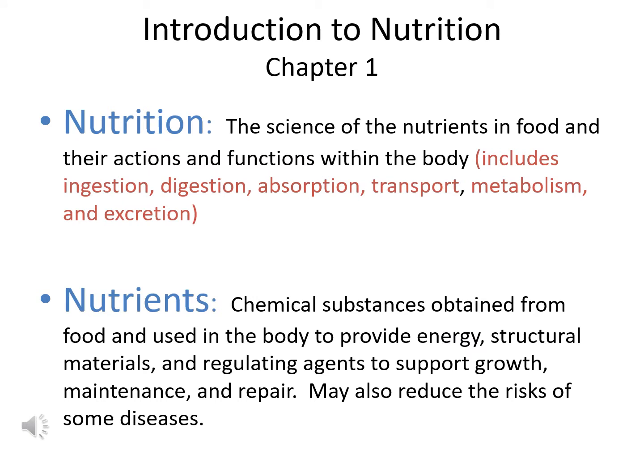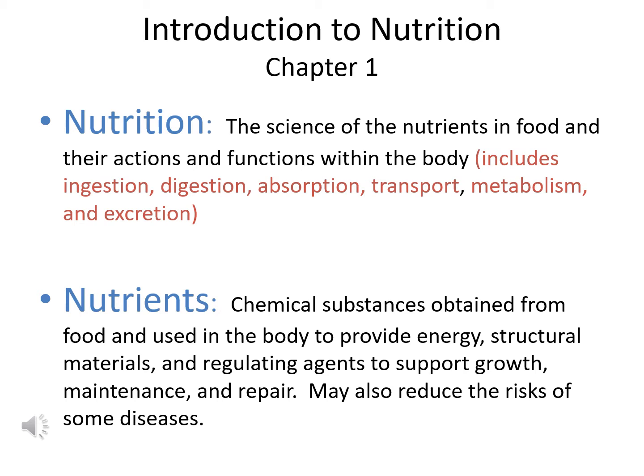The first thing we want to address is what actually is nutrition. Well, most people would say it has something to do with food, which it absolutely does, but it's a science. So by definition, it is the science of the nutrients in food and their actions and functions within the body.